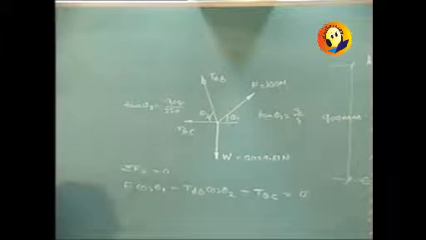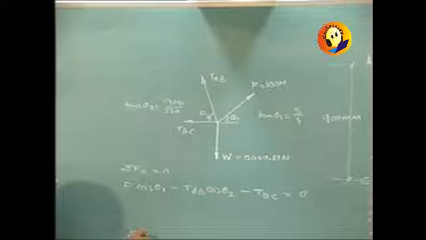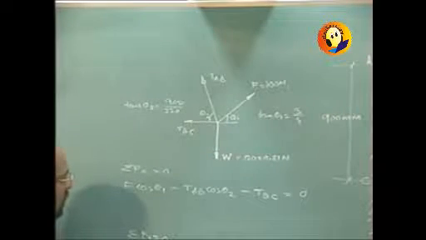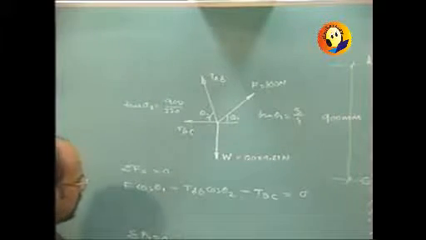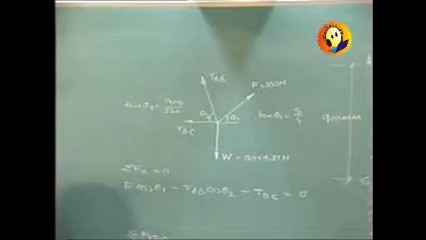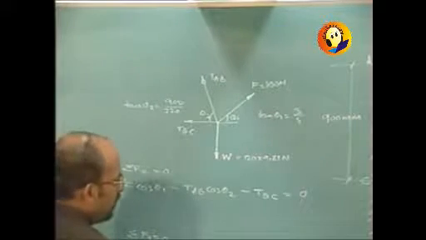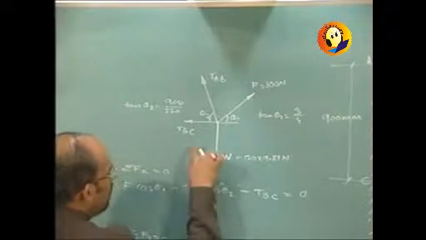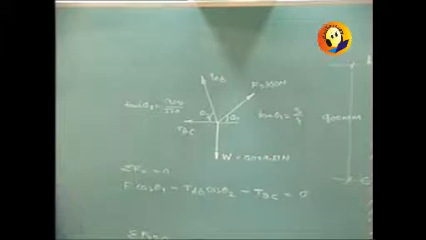Weight will not have any component in sigma Fx. And in sigma Fy equal to 0, you will have F sin theta 1 upward positive plus TAB sin theta 2 upward positive minus W equal to 0. TBC will not come into picture, it is horizontal.